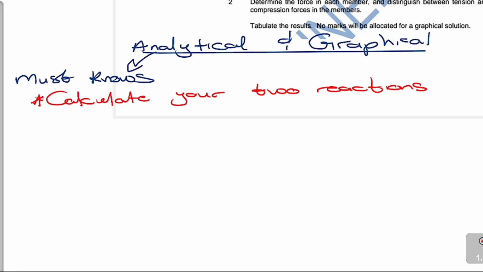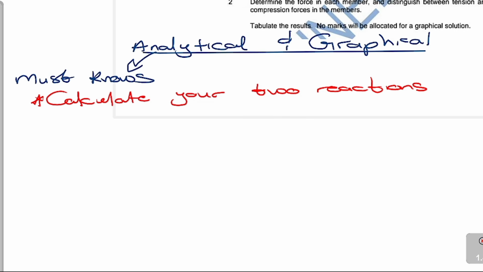But whilst we are still on calculating your two reactions, before you even calculate them, you will need to know how to draw what we call a load diagram.